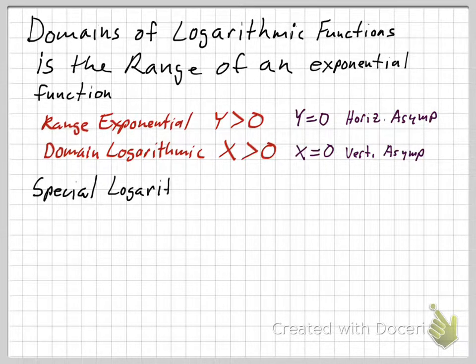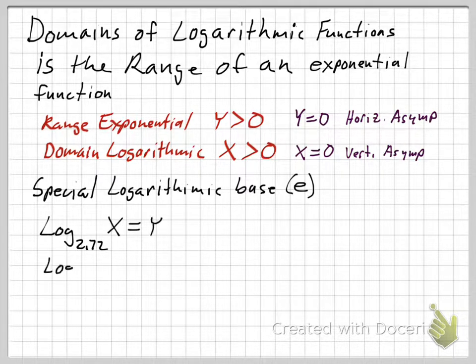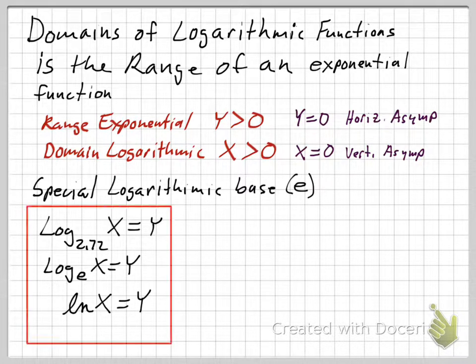There are some special logarithms that we need to talk about, and this will wrap this up. Base e. This logarithm has a very unusual base, 2.72. We remember from our discussions yesterday that 2.72 is the same thing as e.